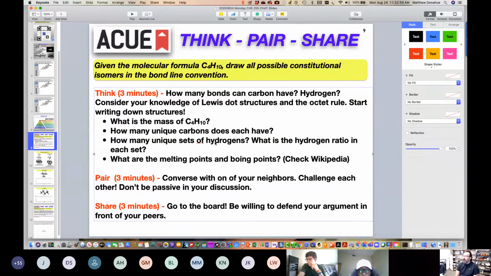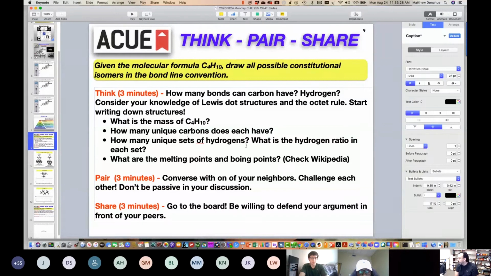Again, the reason I'm asking you to do this is that for a constitutional isomer, if they're both C4H10, how can you differentiate those two substances? Yes, the melting and boiling points will be different because the intermolecular attractive forces are different. But these prompts here, the unique carbons, unique hydrogens, will also differentiate them.